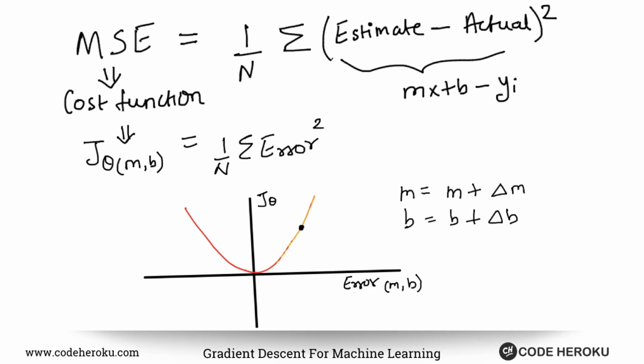And what calculus tells us is, if you want to know how m will affect J theta, you draw a tangent to this curve at the point you are. Can someone tell me, is the slope of the blue line that you are seeing right now positive or negative?